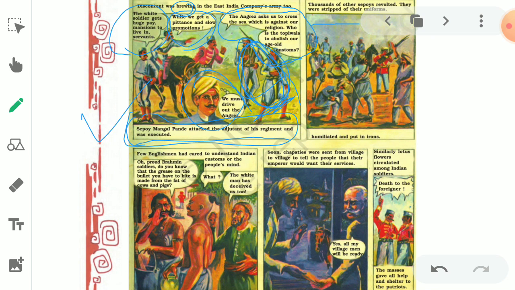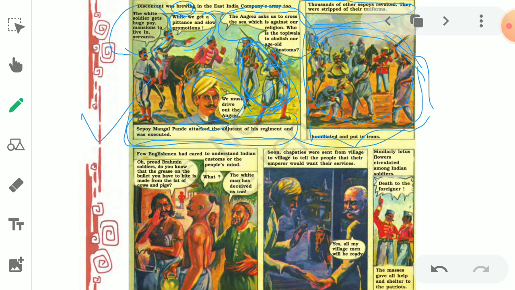Thousands of other sepoys revolted. They were stripped of their uniforms. So this is the reaction connected to the army and all. The people who worked in this army also started to go against the British, and they started to protest against the British people.